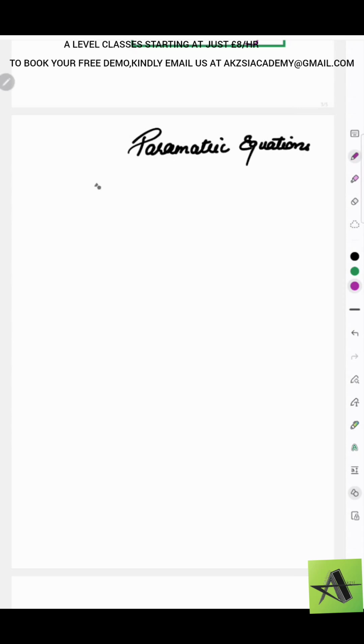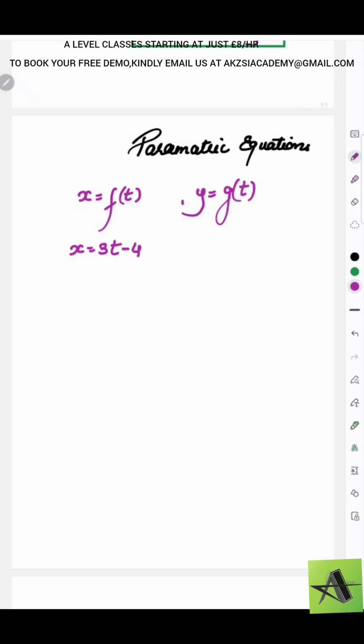So say for example, x is a function of t. Let's say x is equal to 3t minus 4 and y is equal to 4t squared plus t, and you can clearly see they both are in terms of a third variable.